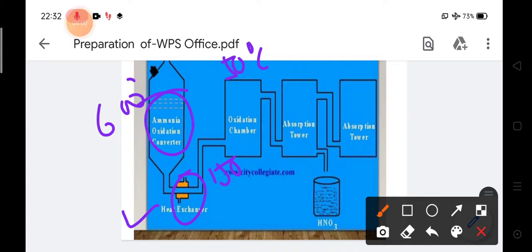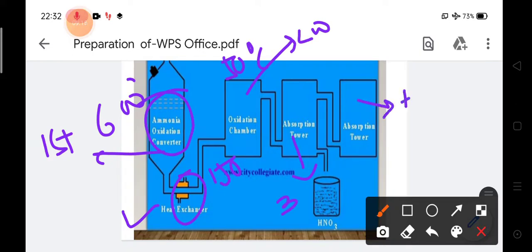This is the secondary oxidation chamber. The first step is happening here, the second step is happening here, and the third step, that is the absorption, happens here in the absorption tower. And in the fourth step, the H2SO4 acts as a dehydrating agent and absorbs the moisture of the HNO3 vapor, forming more concentrated HNO3, which is collected over here.